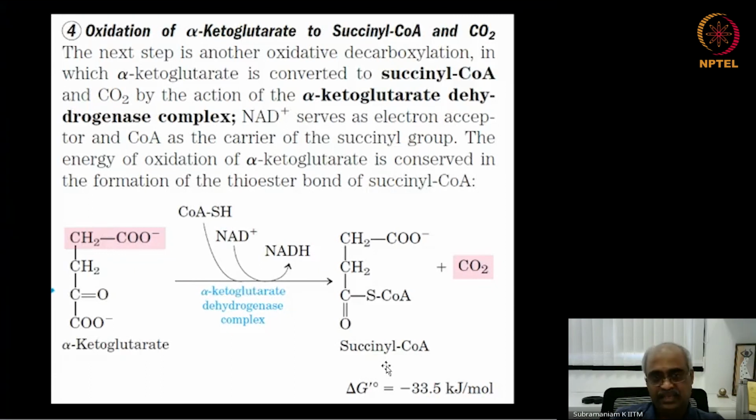And the next again is dehydrogenation and decarboxylation. Quickly we have lost both the carbon dioxides, you see, but they are not coming right away from acetyl-CoA. For that we have to go through 1 full cycle. So here this alpha-ketoglutarate to succinyl-CoA is identical to our pyruvate dehydrogenase complex.